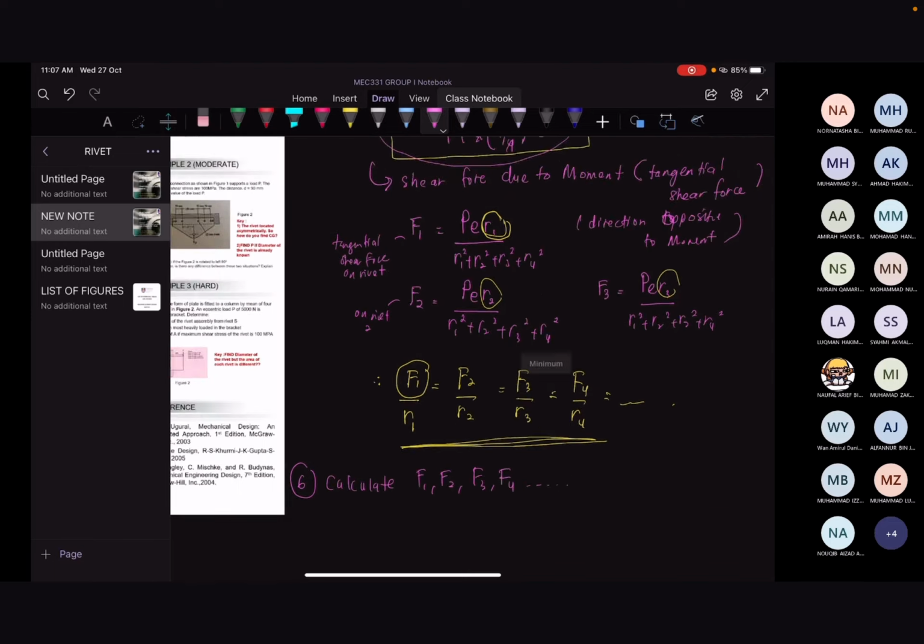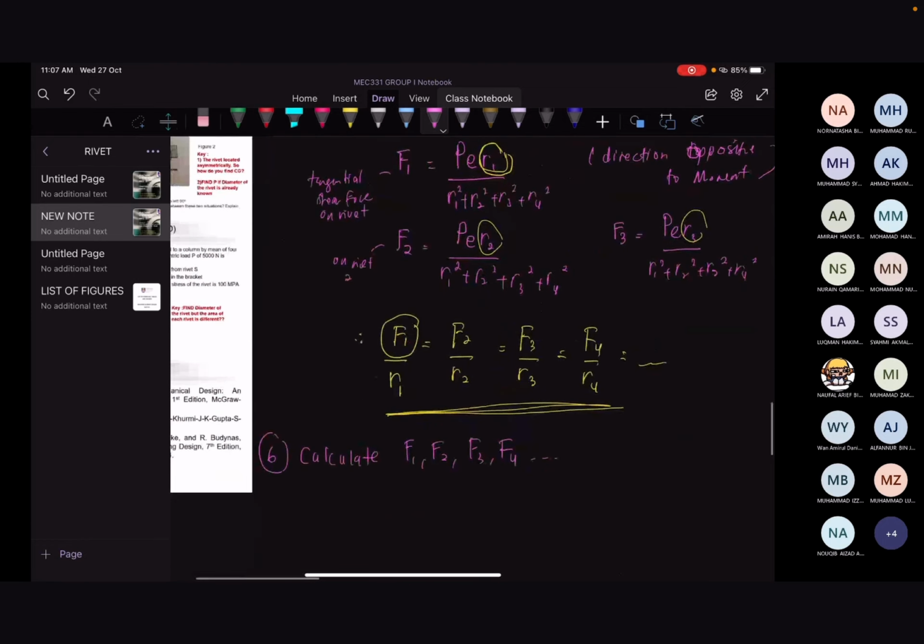Okay. So then number 7. Okay. Number 7, we can find the resultant force on each rivet.